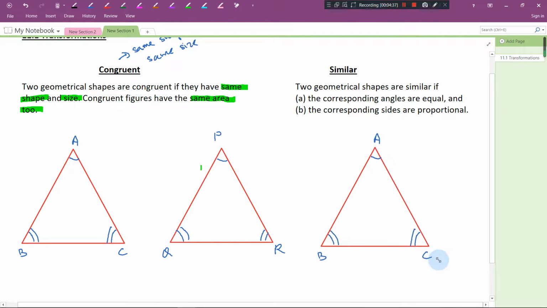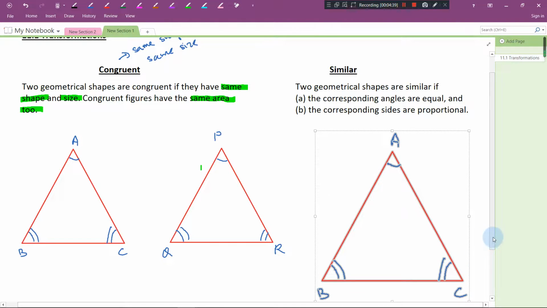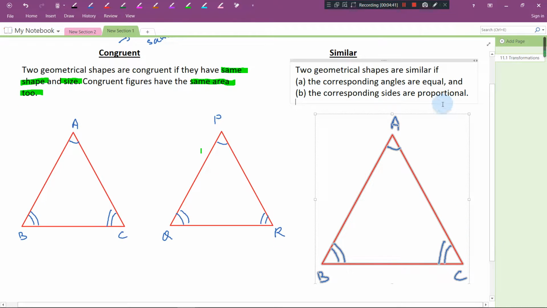Now if I enlarge it, make it become bigger, let me change this to D, E, F. Now I can say ABC and DEF are similar because corresponding angles are equal, and the corresponding sides are proportional.